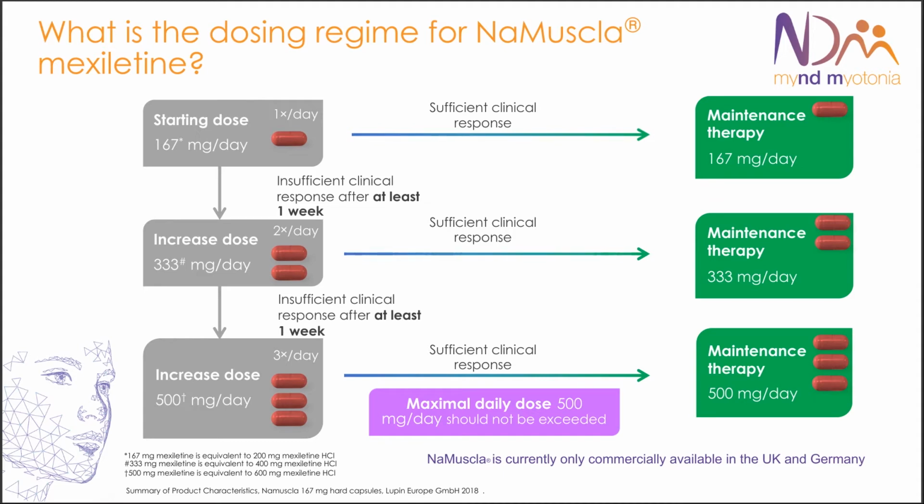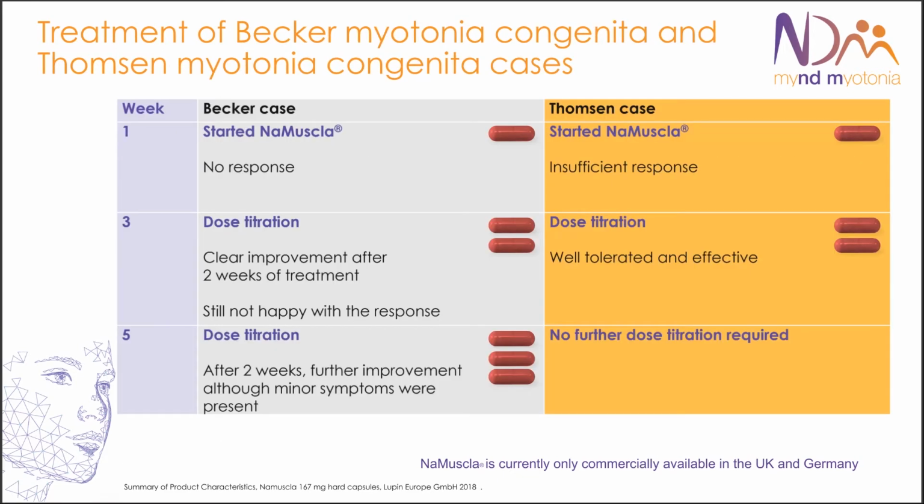In the case of Becker, the first case that I have presented, we started NaMuscla. There was no response with 1 pill. We increased the dose to 2 pills per day, and there was a clear improvement after 2 weeks. But the patient was still not happy, and we decided to push a bit more and arrive at 3 pills per day.